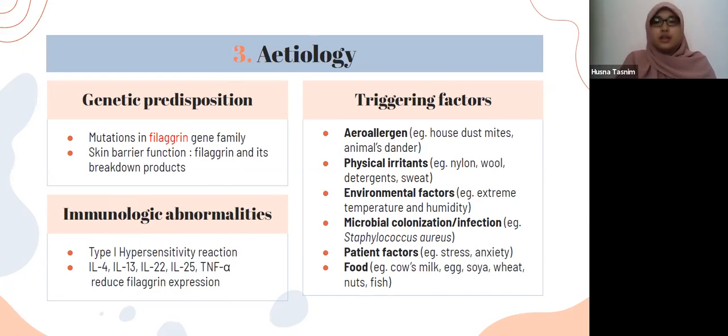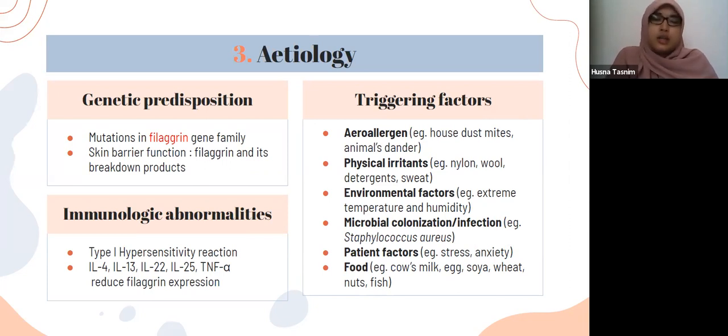Environmental factors, such as very extreme hot or cold weather, can also contribute to atopic dermatitis. Then microbes such as Staphylococcus aureus, stress and anxiety, and even some foods, for example, egg, soya, nuts, and fish.